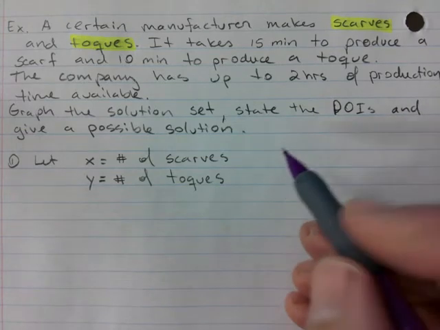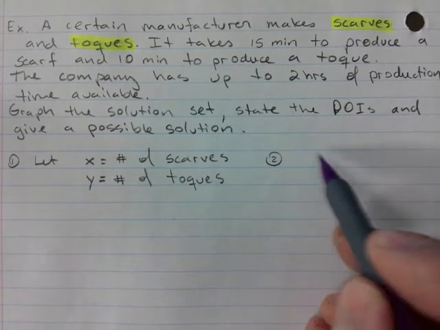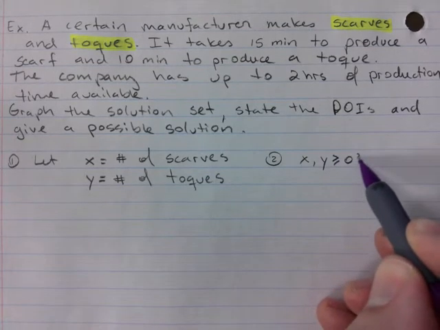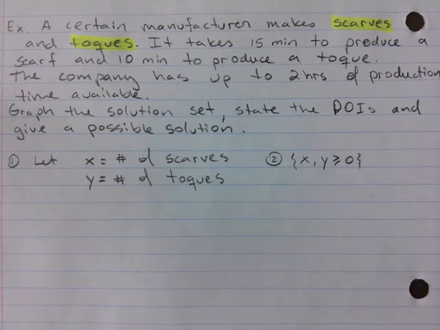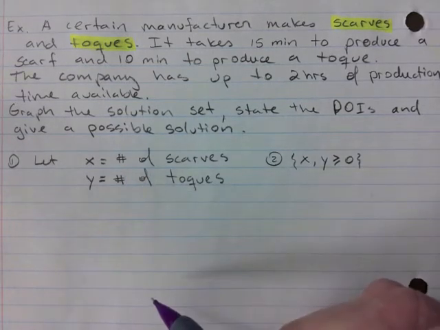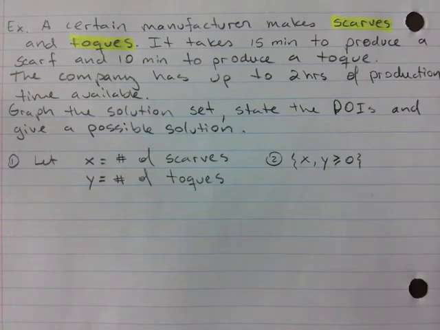So that is all done. And then the second thing that I'm going to do right next to it is just say that X and Y have to be greater than or equal to 0. And what kind of data is this? If it's number of scarves and number of toques, between continuous and discrete? It's discrete, yeah?